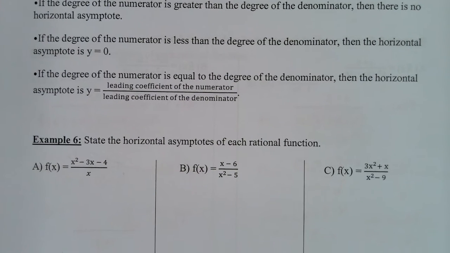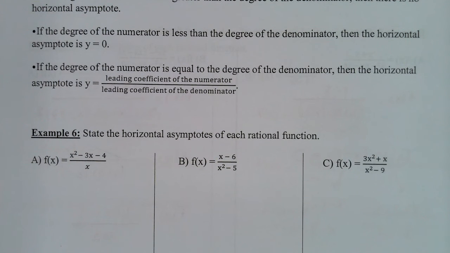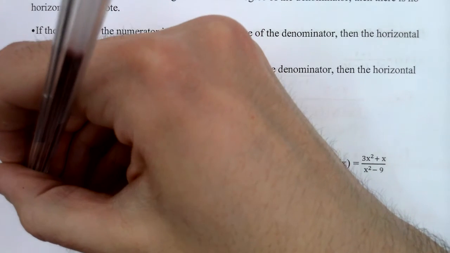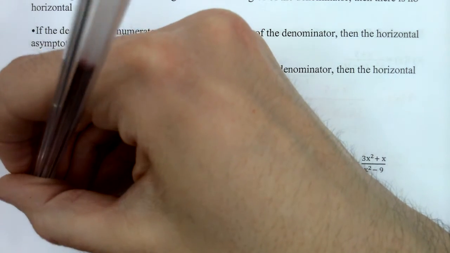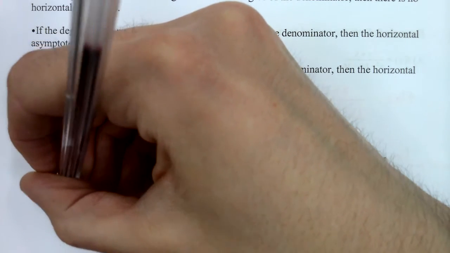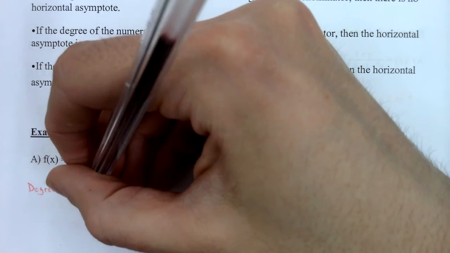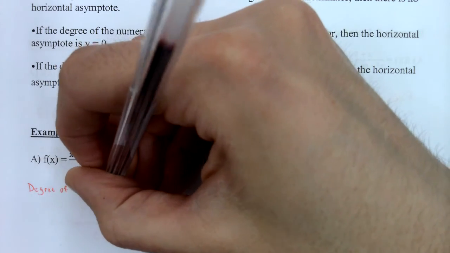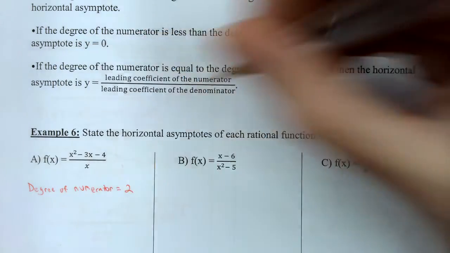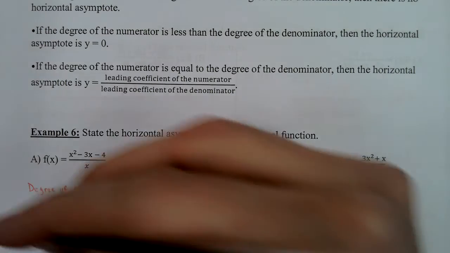Okay, example 6, state the horizontal asymptotes of each rational function. So 6a, the degree of the numerator equals 2. And the degree of the denominator equals 1.